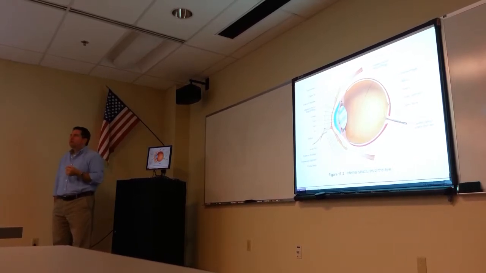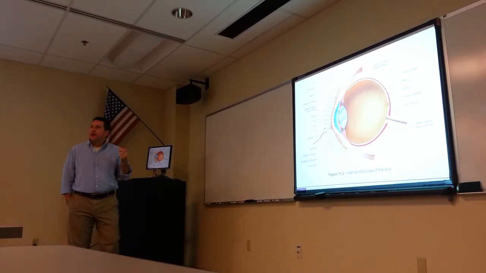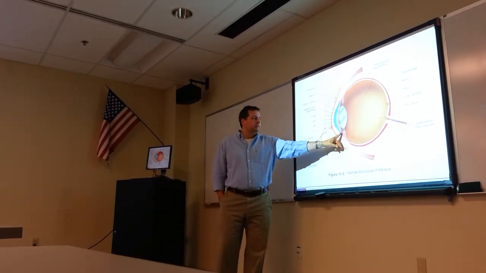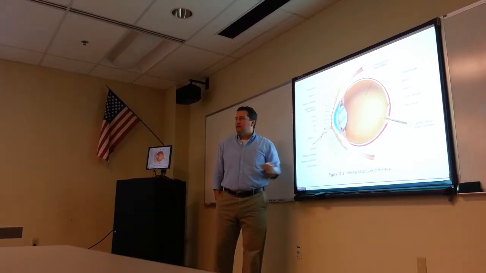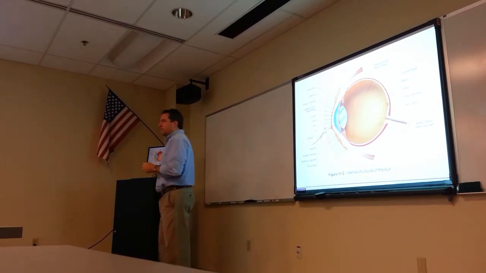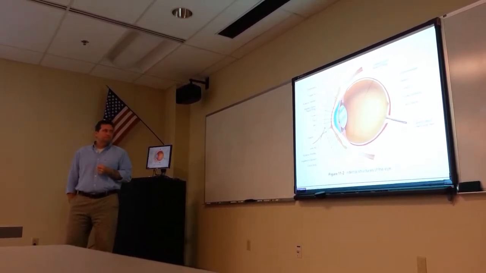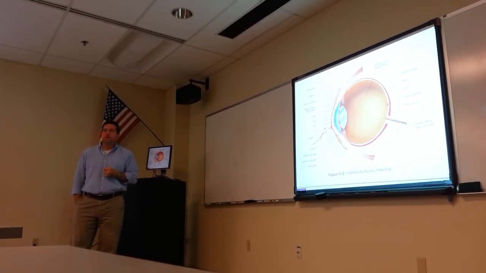This is something we call glaucoma. Have you heard of glaucoma? I know you've heard of glaucoma, right? That is what glaucoma is. We have fluid that is continuously produced but not continuously draining. Increased pressure, that's going to cause problems. Now hopefully you have a better understanding of what glaucoma is.